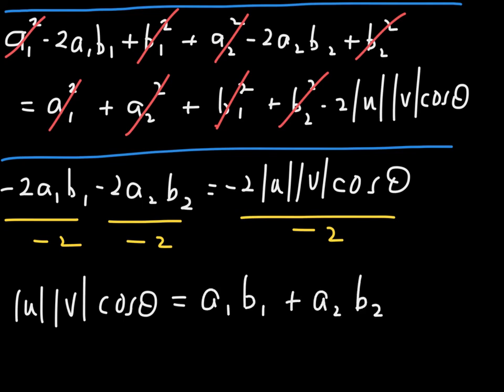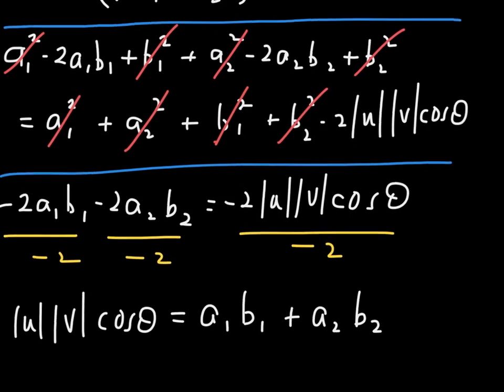Now, look at this, does this look familiar to you? A sub 1 was the horizontal component of vector u. B sub 1 was the horizontal component of vector v. A sub 2 and b sub 2 were the vertical components of vectors u and v. In other words, if you allow me to, maybe this will help you, just reference the picture that we had in the very beginning of our entire argument.